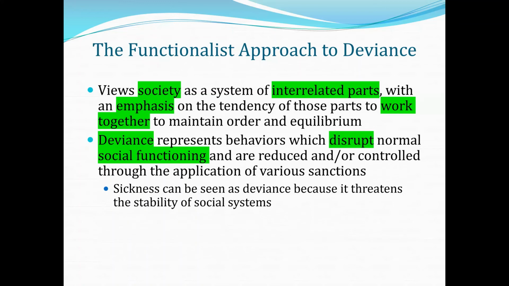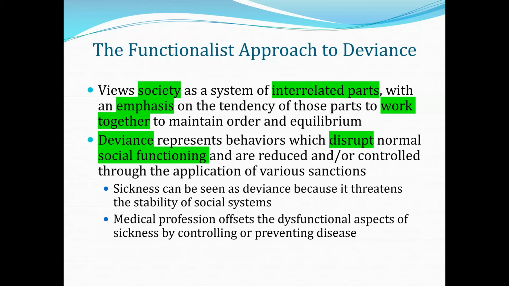Sickness can be seen as deviance because it threatens the stability of social systems. The medical profession offsets the dysfunctional aspects of sickness by controlling or preventing disease. To some extent, we can argue that sickness, such social dysfunction, is outsourced from normal work settings to a specialized institution, medicine.